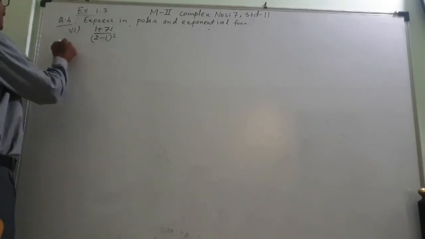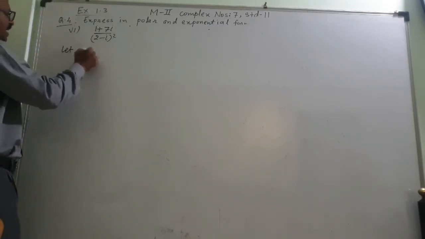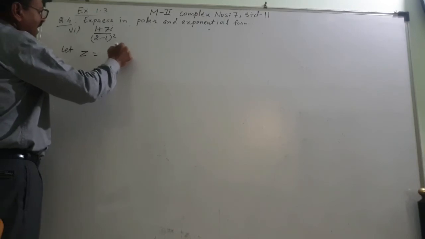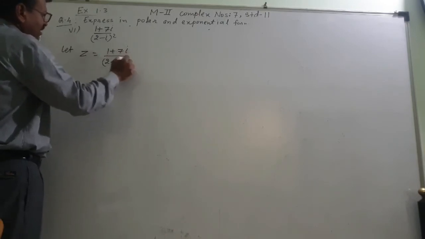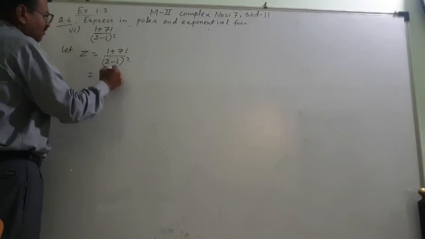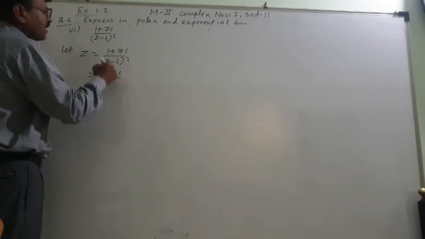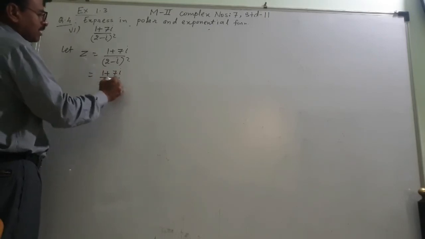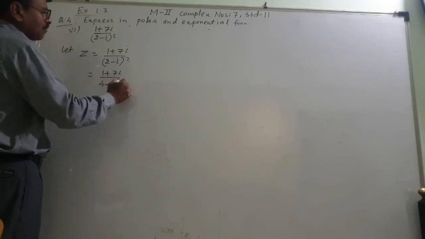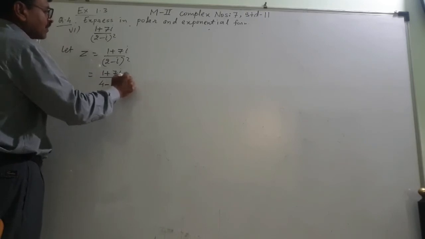So let Z is equal to (1 plus 7i) upon (2 minus i) whole square. So that is equal to 1 plus 7i upon a square minus 2ab plus b square, which is 4 minus 4i plus i square.